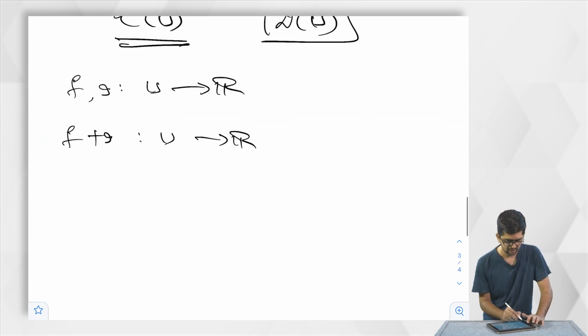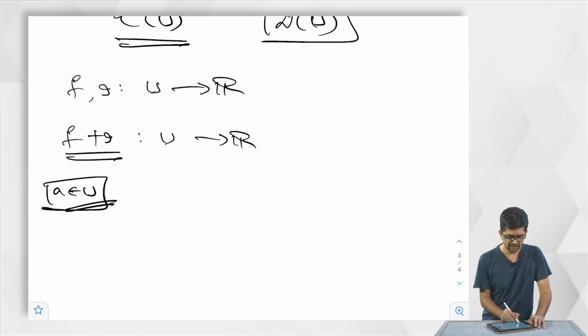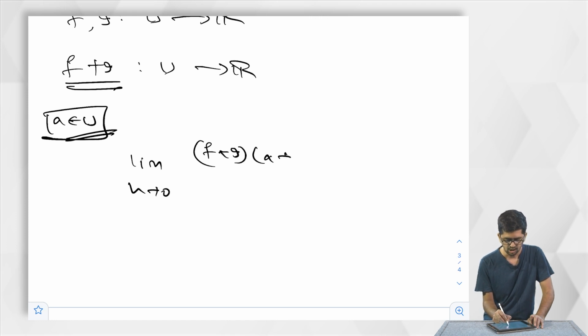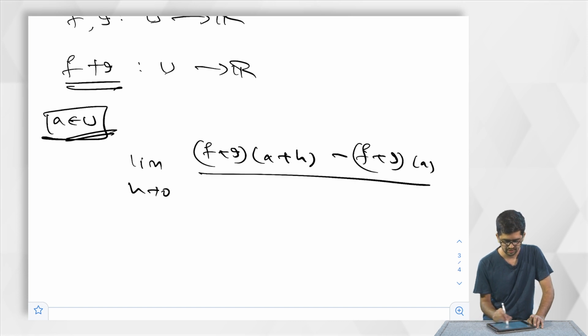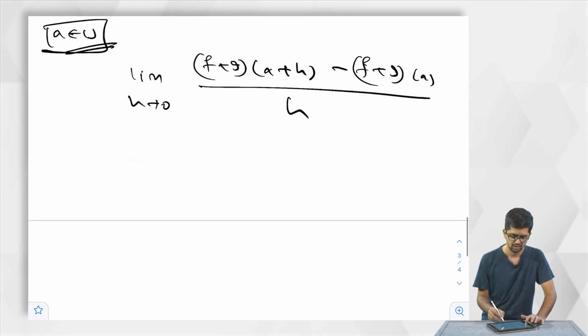So let us fix a point a belonging to u, and let us see if f plus g is differentiable at this point a. What we need is that the following limit exists: f plus g of a plus h minus f plus g of a, by h. We want this limit to exist.